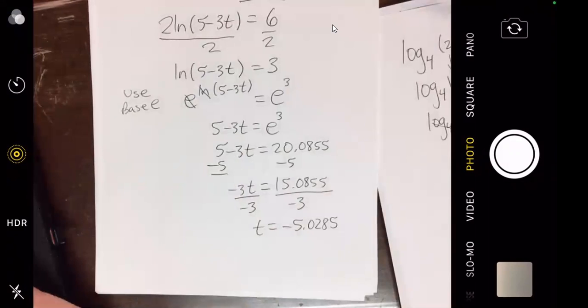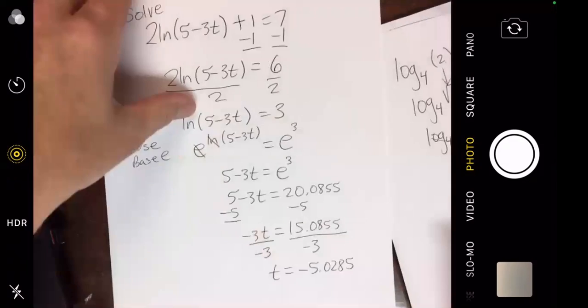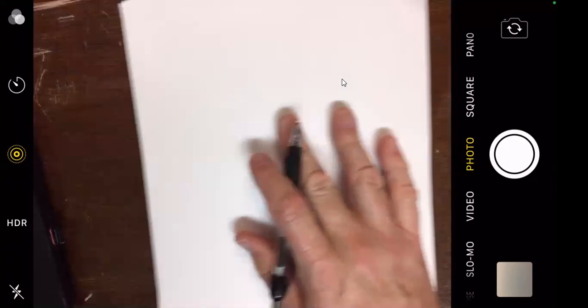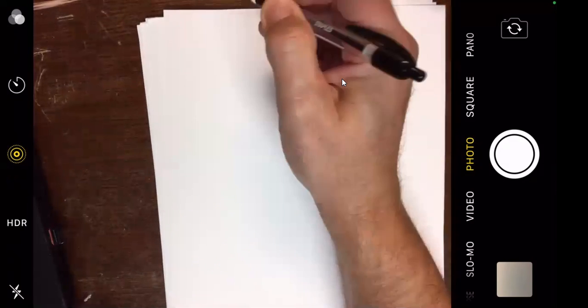All right, did you have another one? We talked about finding the net change of something. So this is from your math test too.